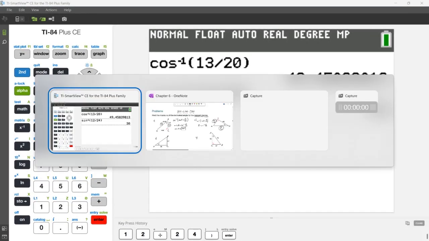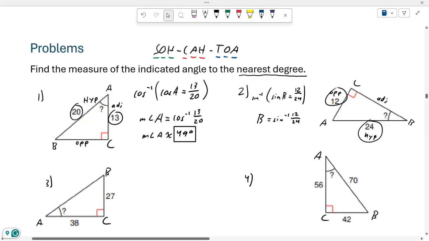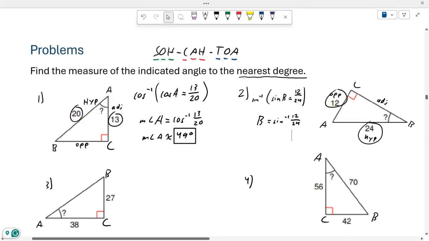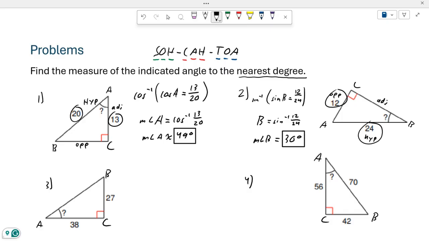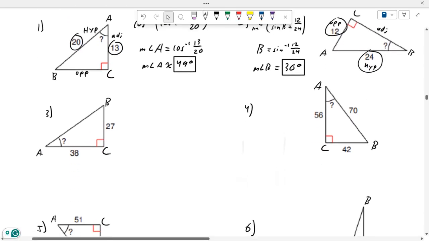So it turns out that for this one, the measure of angle B is exactly 30 degrees. And when you take pre-calc, I think maybe in Math 3, but definitely in pre-calc, you'll see why it's exactly 30 degrees for that triangle. But for now, the calculator said so. So we'll just accept that for now.